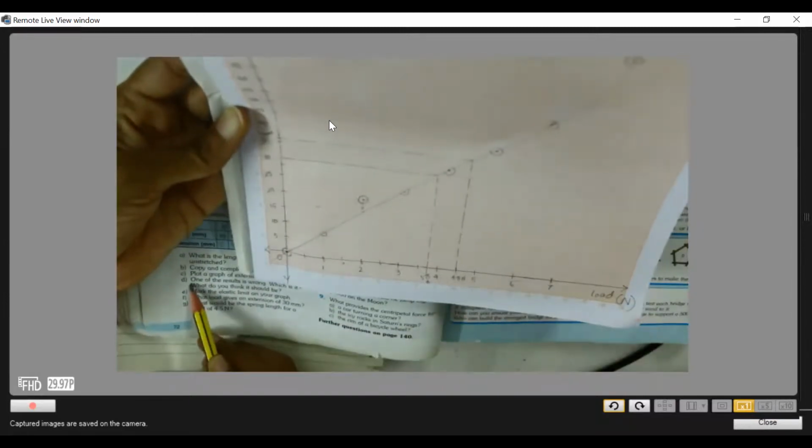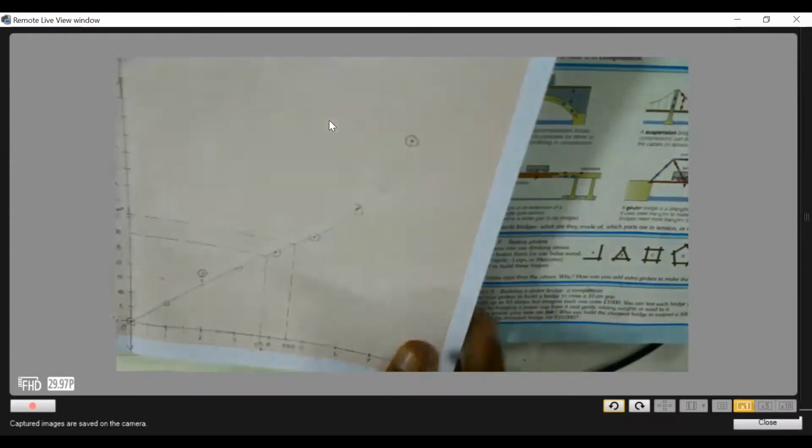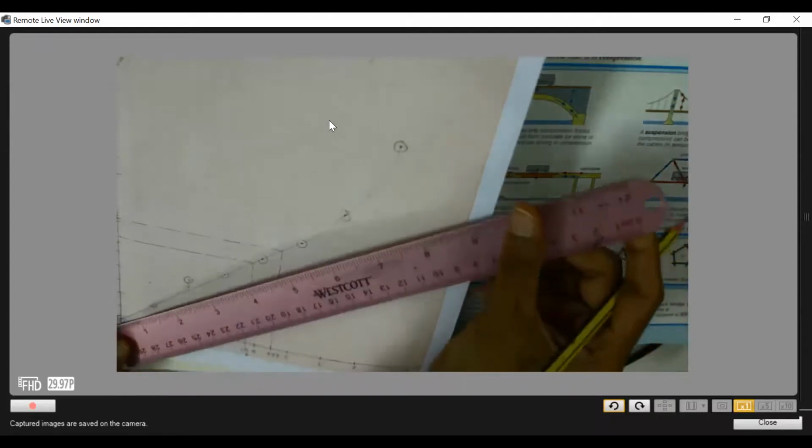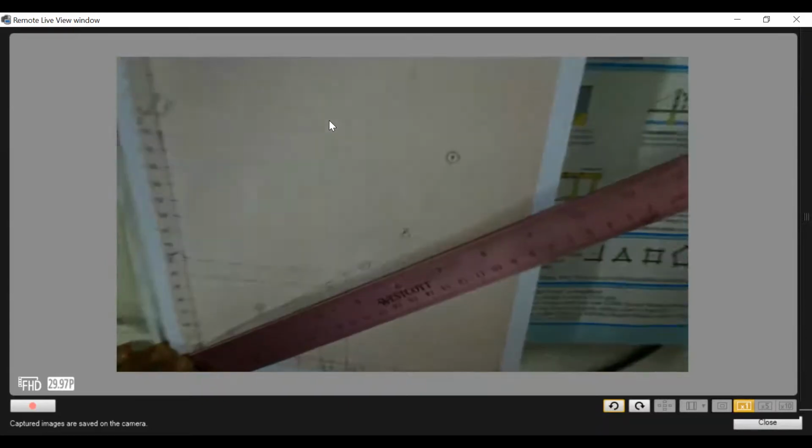Now, what is the other part? One of the results is wrong. Which is it? What do you think it should be? I had all these points and I tried to join them with the origin, because the graph has to pass through the origin, no matter what the situation is.